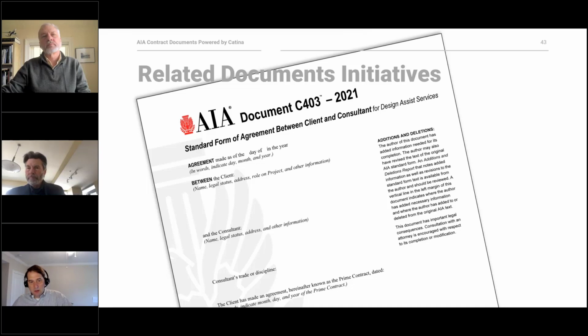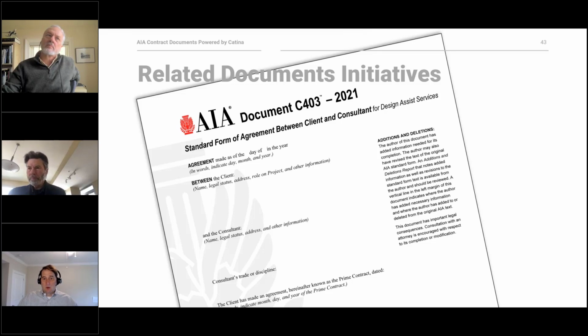Actually, I forgot to mention that we did develop a standard form agreement for design assist services. And this goes back to the purpose of that white paper: we write standard form agreements to crystallize standard practices around certain delivery models or practices.